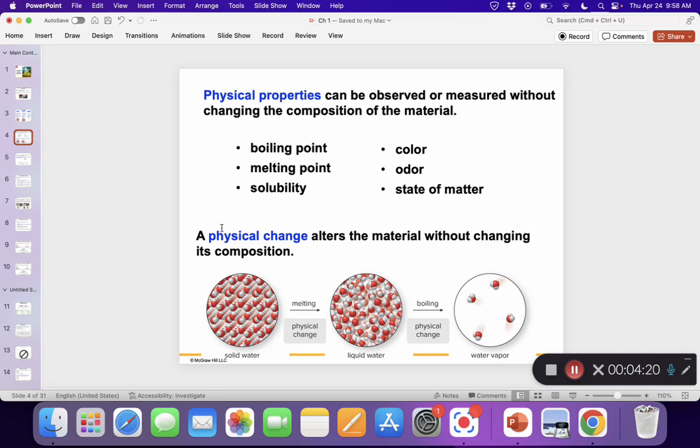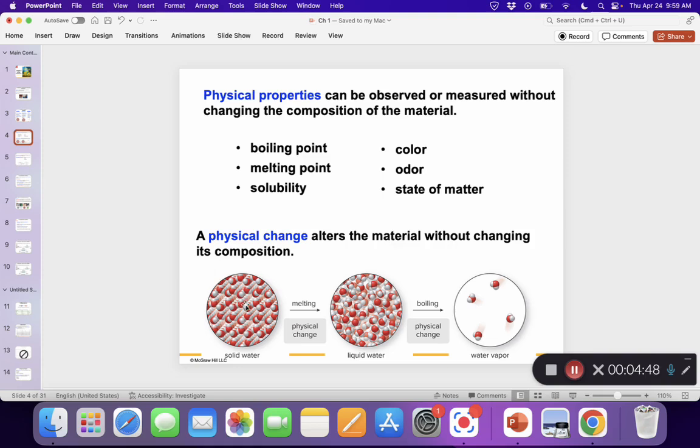When these properties are acted upon, there is no change in the chemical composition of the matter. A physical change will only alter the material's appearance. It does not alter the material's composition.